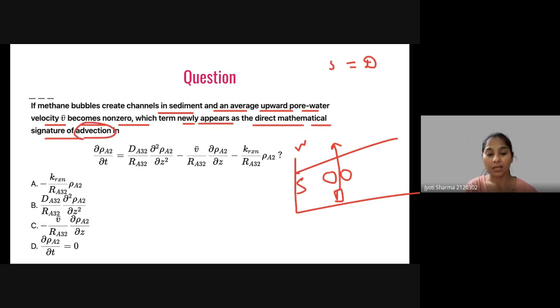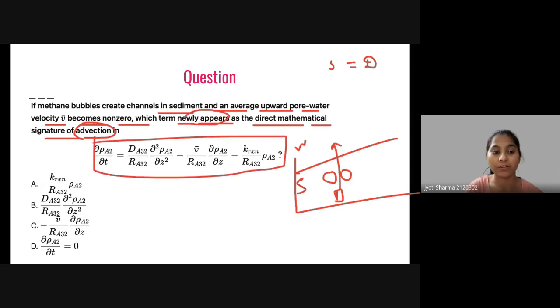So if the change in concentration with time in the sediment also depends on the advection, also depends on the velocity, then which term will become more important if such is the case?